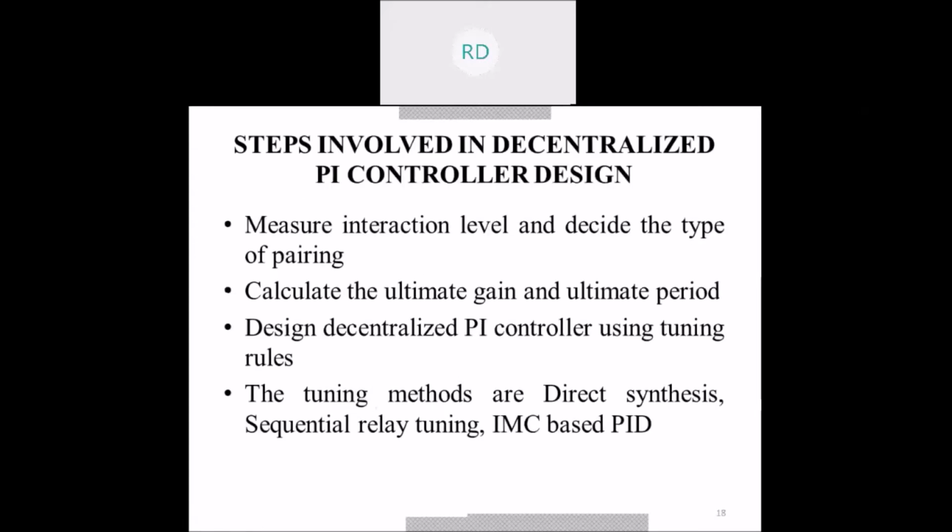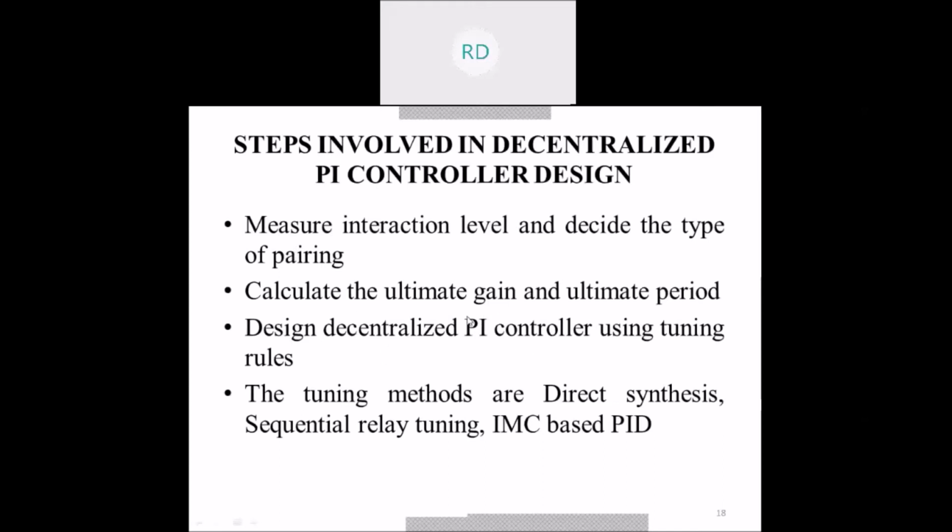So here I'm designing the decentralized PI controller, measuring the interaction level and deciding the type of pairing. We already decided which input and which output should be paired, and then calculate the ultimate gain and ultimate period. Design the decentralized PI controller using tuning rules.